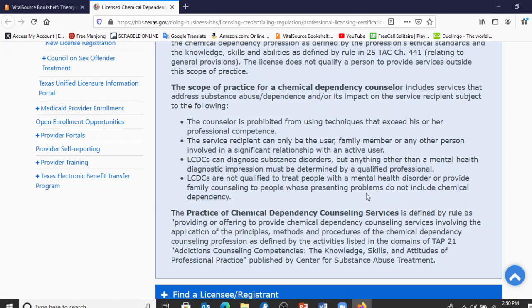LCDCs are not qualified to treat people with a mental health disorder or provide family counseling to people whose presenting problems do not include chemical dependency. And this is really, you know, I have seen people get a little full of themselves and want to be treating all kinds of things and diagnosing all kinds of things, but that's not ours.